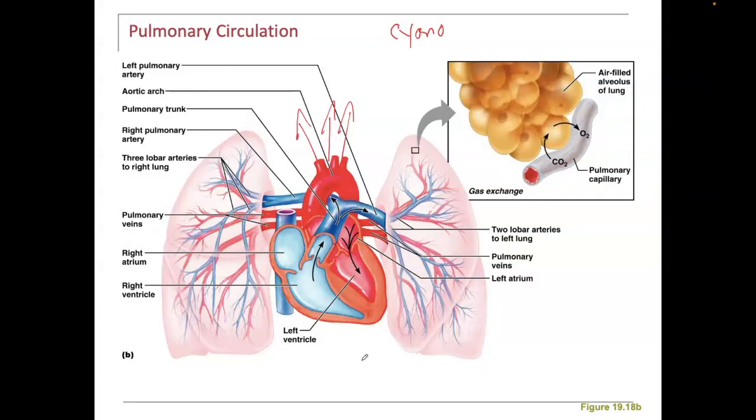So do you see the general concept here? The general concept is eventually, when all of that blood is pumped up to the head and the neck and the arms, and goes down to the abdomen and the legs, all the oxygen is dumped into the muscles and the organs because the oxygen is going to be used by the mitochondria of the cell to produce ATP, or energy. But once the oxygen is used, now the blood is deoxygenated.